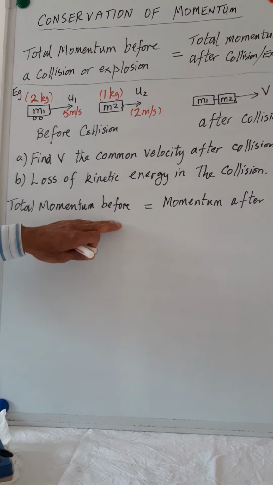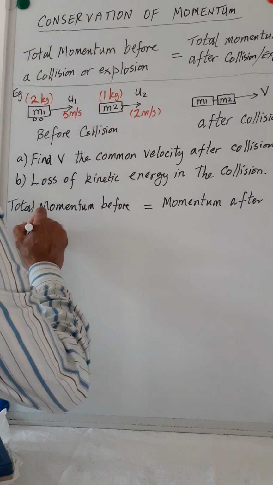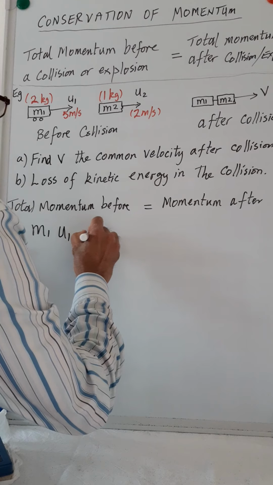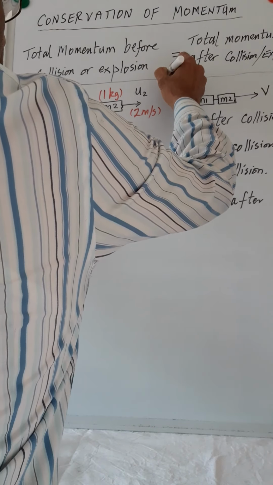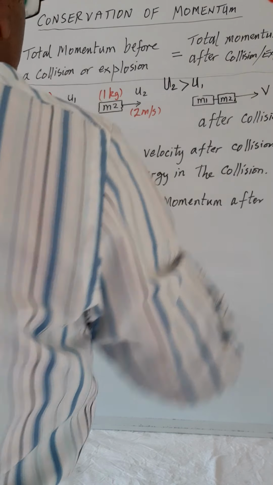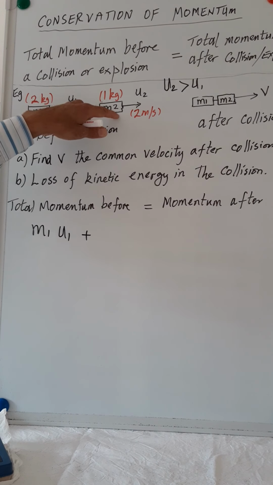Momentum before the collision is equal to this trolley's mass, m1, moving with a velocity u1, so its momentum is m1 times u1, plus, now here we say u2 is greater than u1, because this has to be faster in order to catch this one up and collide with it.